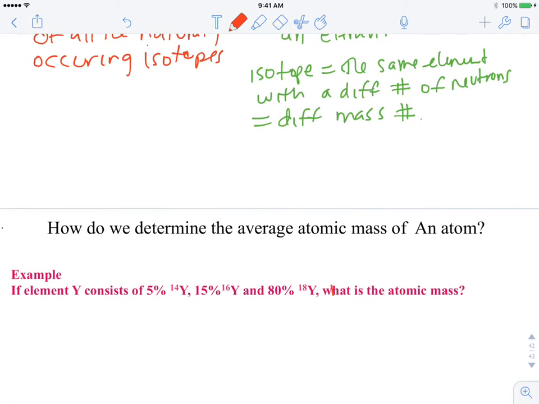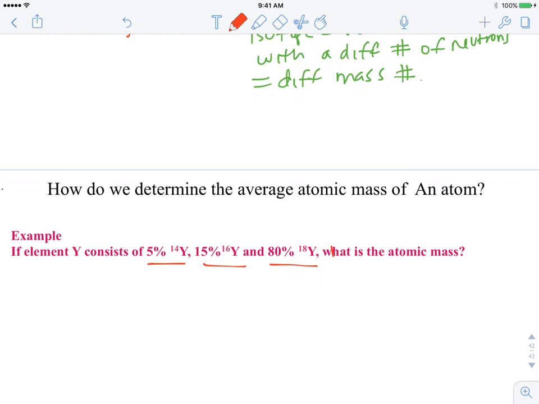So how do we determine the average atomic mass of an atom? Here I give you some element Y. I don't think it's supposed to be yttrium. It's just some random element, and it contains 5% Y14, 15% Y16, 80% Y18. What's the atomic mass? They're asking me to find the weighted average. A straight average, you add up 14, 16, 18, and divide by 3.